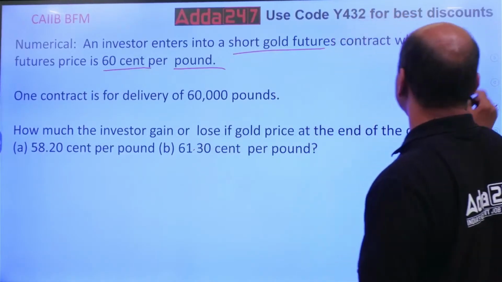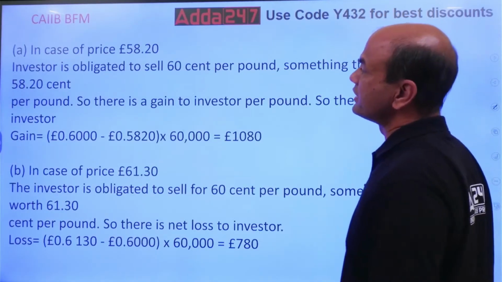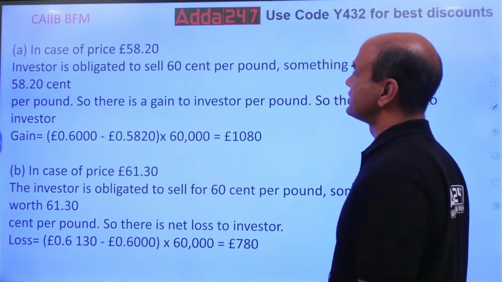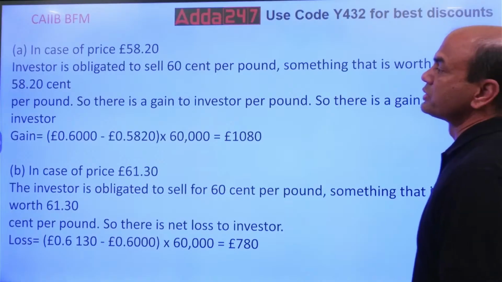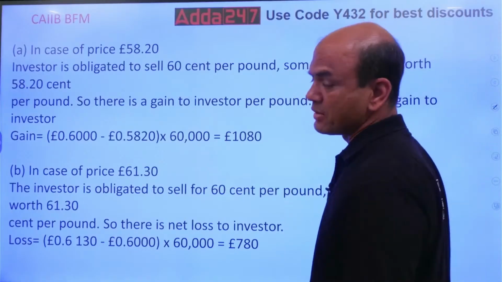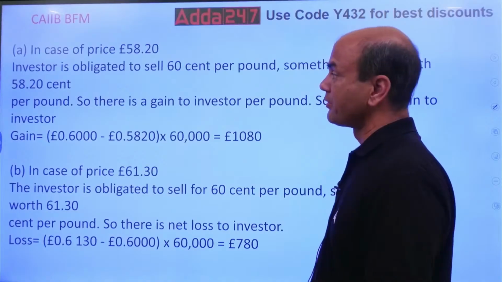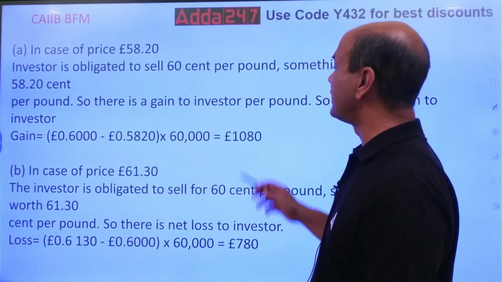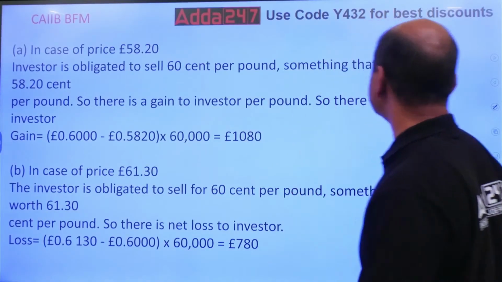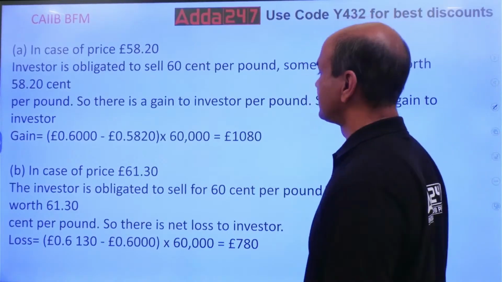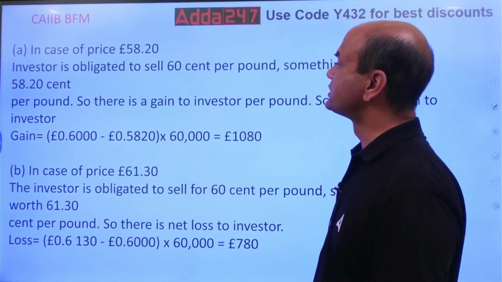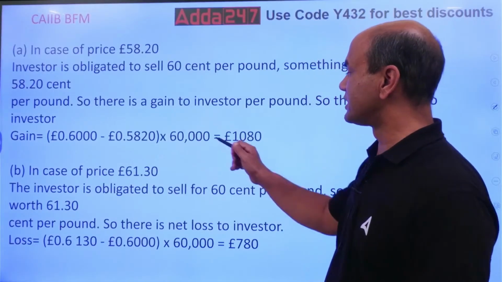Here, the investor is obligated to sell at 60 cents per pound something that is worth 58.2 cents. So there is a gain to the investor per pound: 0.6 minus 0.5820, multiplied by 60,000.